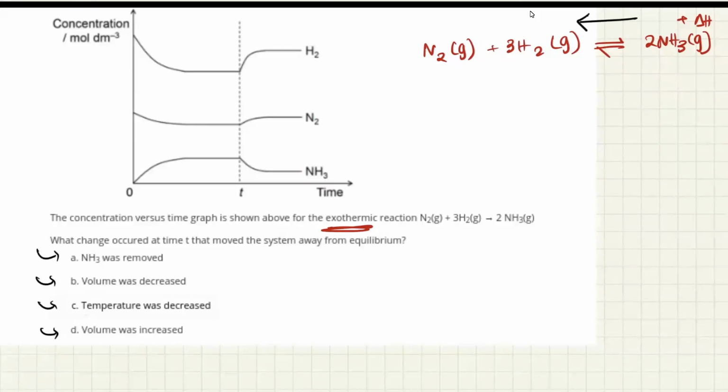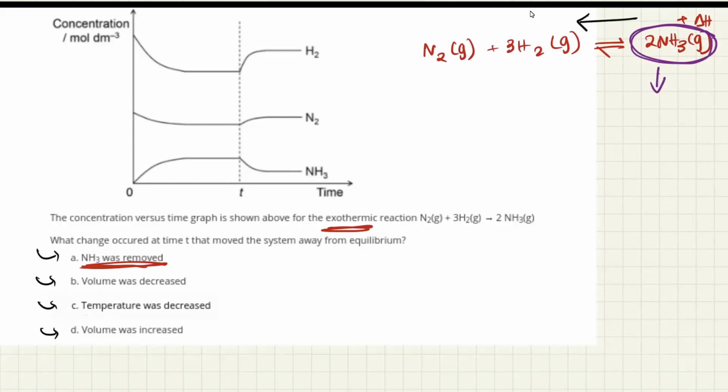Now let's see one by one. So when we remove NH3, what's going to happen? When we decrease this, the reaction is going to want to increase it.